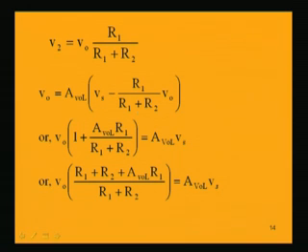If we transfer this part having V0 to the left side and take common V0, it will be 1 plus AVOL into R1 by R1 plus R2, that is equal to AVOL into Vs. And our interest is V0, that quantity we want to find out. So, simplifying this a little bit, what we get is V0 into R1 plus R2 in the denominator, and in the numerator it is R1 plus R2 plus AVOL R1, that is equal to AVOL into Vs.